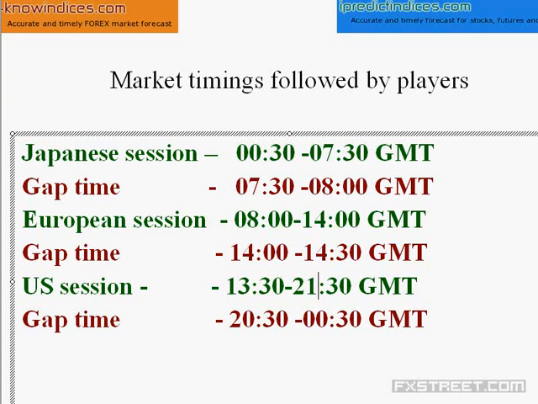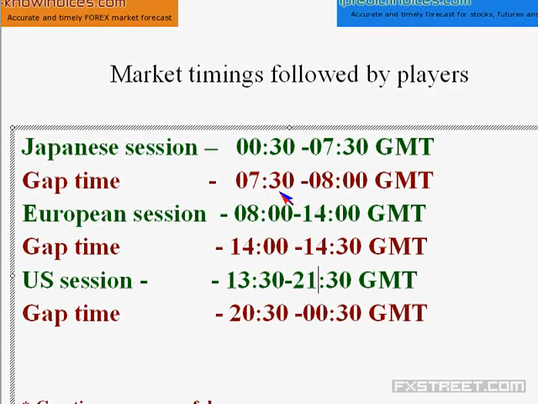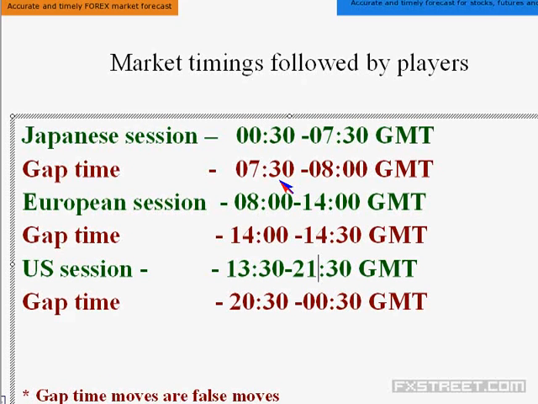So from now on, for another 6 months, you will come across the Japanese session from 0030 to 0730 GMT. Then the gap time is from 7:30 to 8 GMT. So after the switch off of the daylight system, you find there is only a delay in the start of the European session, to 8 GMT instead of 7:30 GMT.